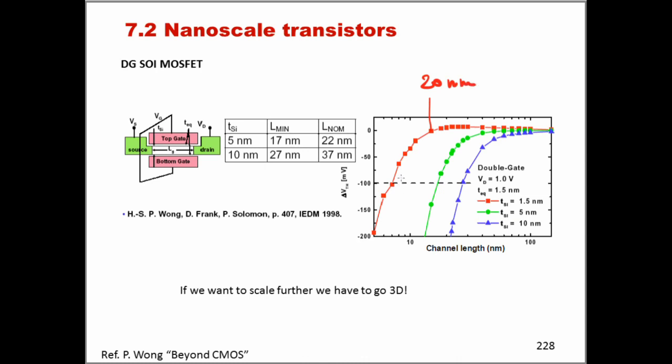So this means that if we want to go even smaller than that, there is no other solution than going 3D. So that's why people are today working on 3D geometries for MOSFET transistors.